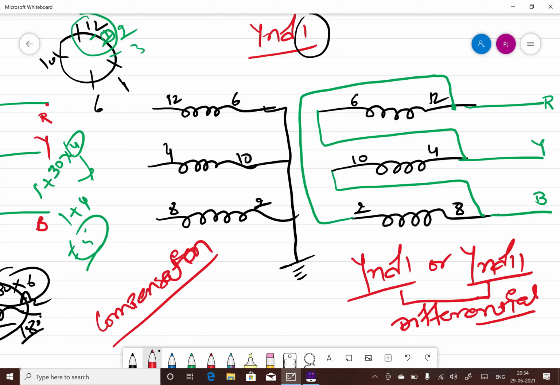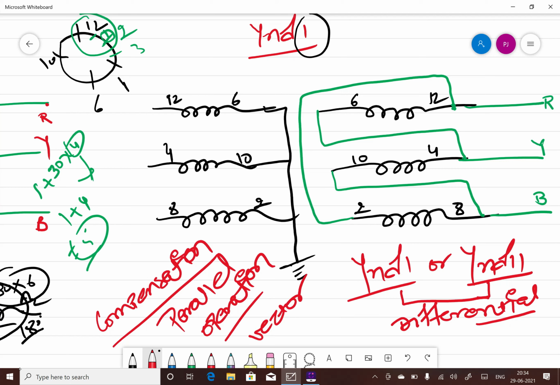Also, these various connection diagrams are required to be understood for parallel operation of transformers. So you cannot operate two transformers of different vector groups in parallel. For parallel operation, you must have two transformers of the same vector group, and only then can you operate them in parallel.